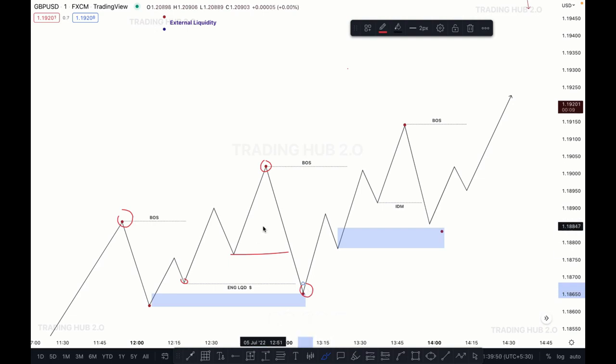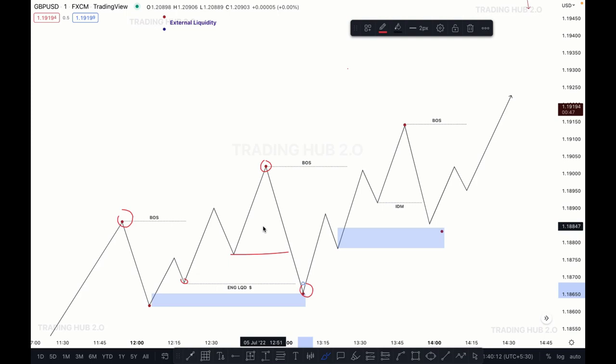In this video you only have to understand inducement: find the inducement, find the engineering liquidity and the external liquidity, because these three things are very important, because without this liquidity and inducement you can't trade. If you understand these things, they are very important.